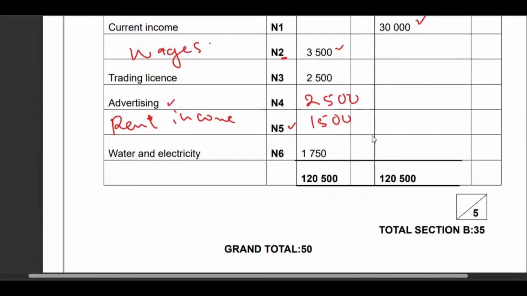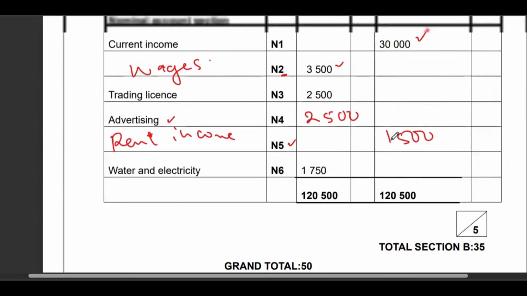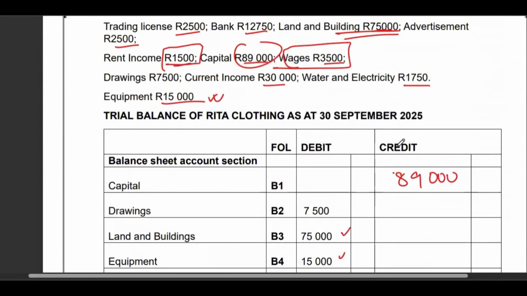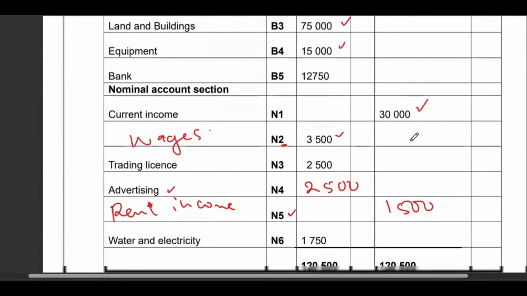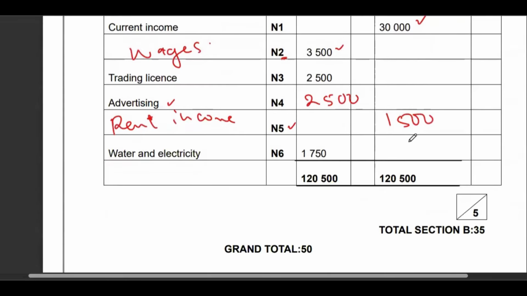But is it debit or credit? No, it's going to be this side, 1.5, because the credit, because it's income that is coming from the rent. Okay, so someone is paying probably for renting some space from me. And then water, electricity, 1,750.